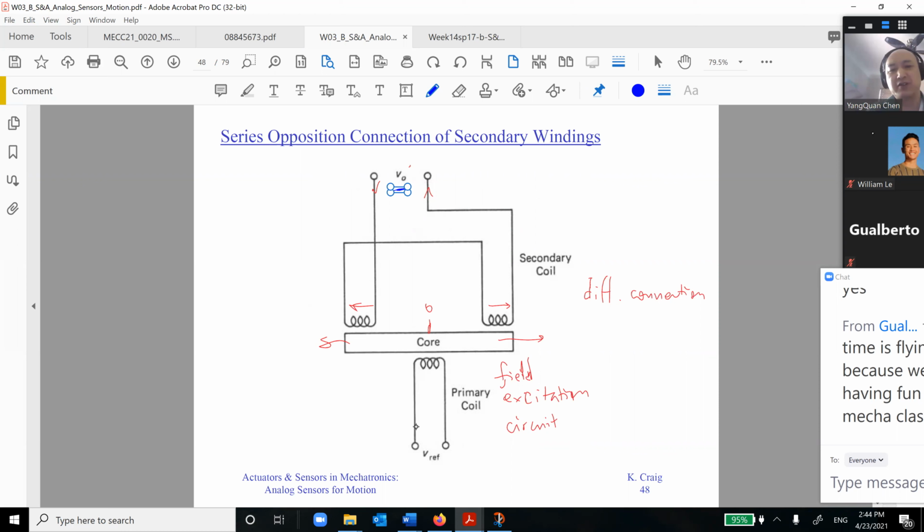You basically give a power supply and generate a magnetic field. Then if you have a motion in the core, the bar, they will produce the voltage here.